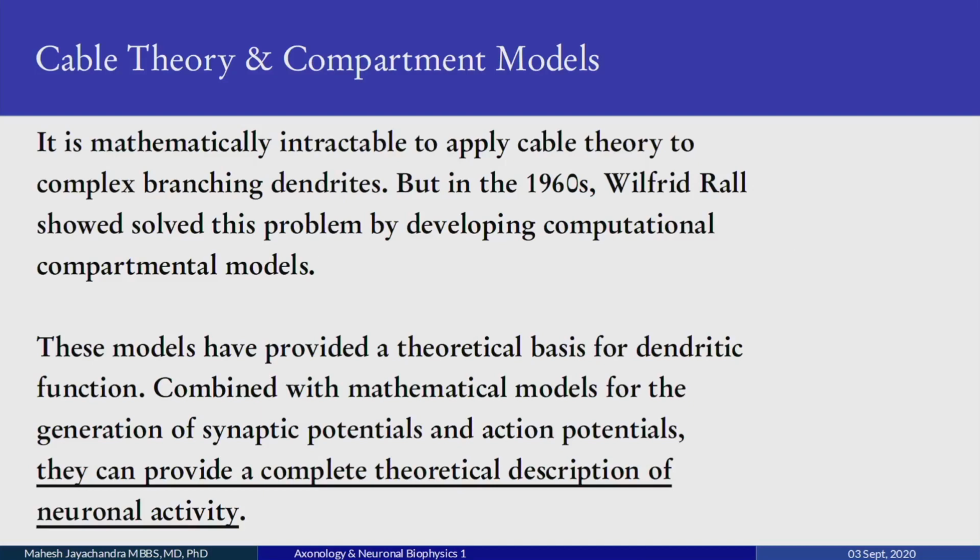And these models have provided a theoretical basis for dendritic function. So combined with mathematical models for generation of synaptic potentials and action potentials, they can provide a complete theoretical description of neuronal activity. And the more data you plug in, the more realistic it is, and it faithfully follows what we actually record from the brain.